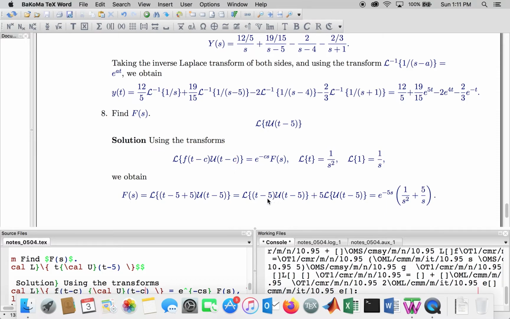So whatever function you have here, work with the unshifted function, which is t in this case, transform it, multiplied by the exponential. Because notice, even though this is a shifted function, the only way the value of c is involved in the transform is in the exponential, nowhere else. So again, work with the unshifted function for what you get here. Okay, and then for the other term, we're just transforming 1, and then you're multiplying the result by 5.